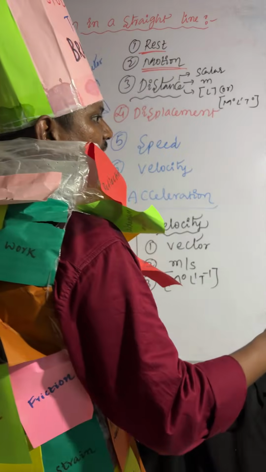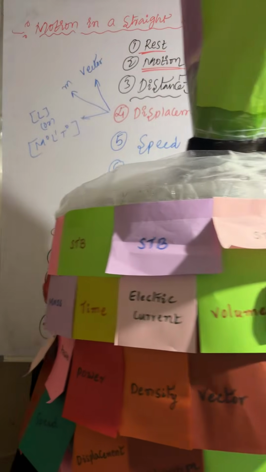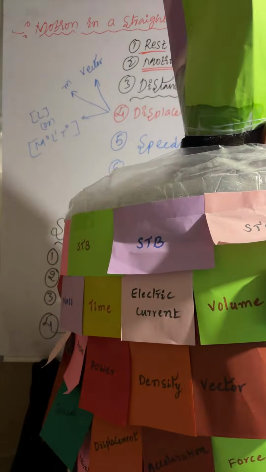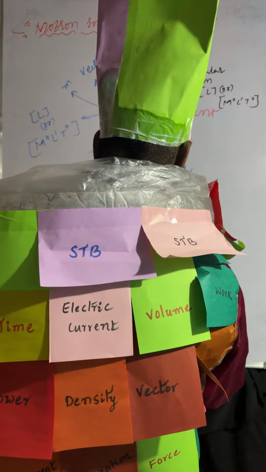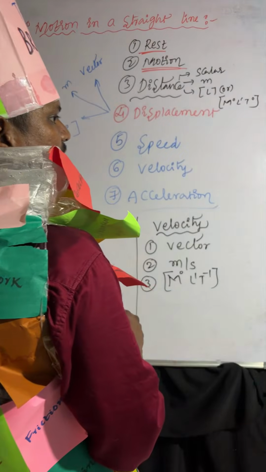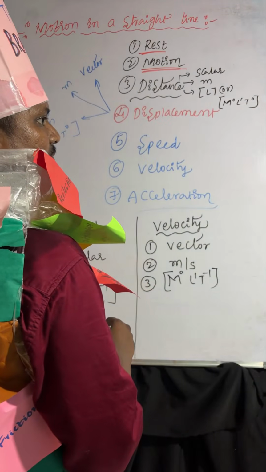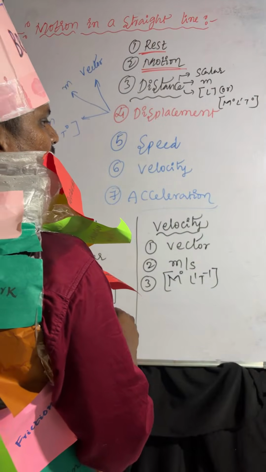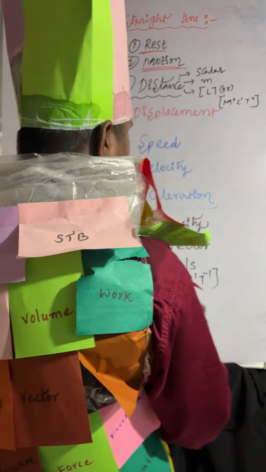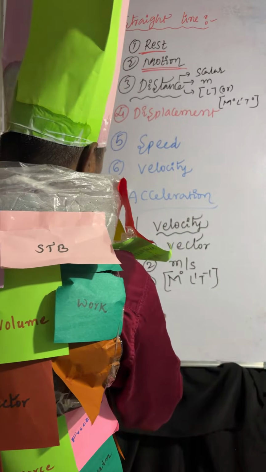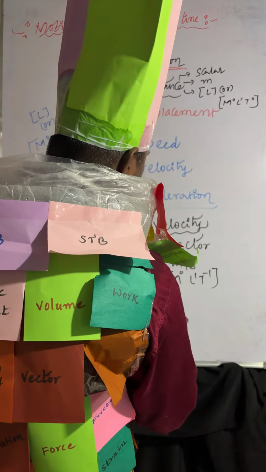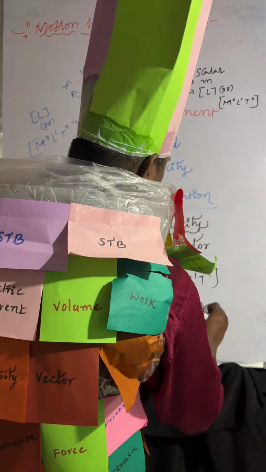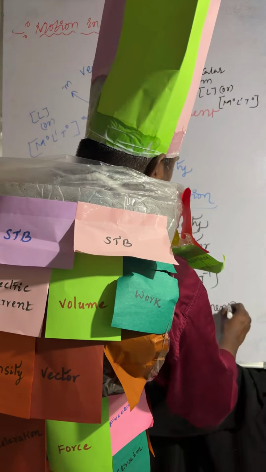So M power 0 we have to write. And coming to the fourth one, velocity is displacement by time taken.